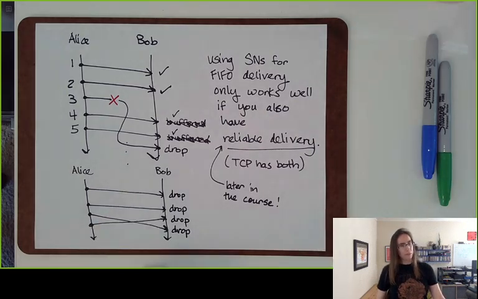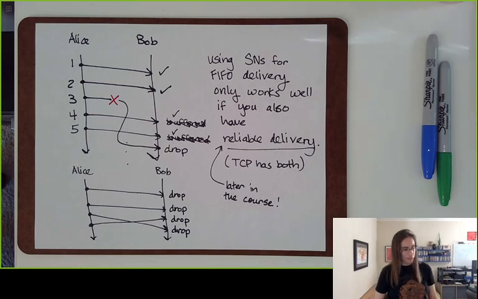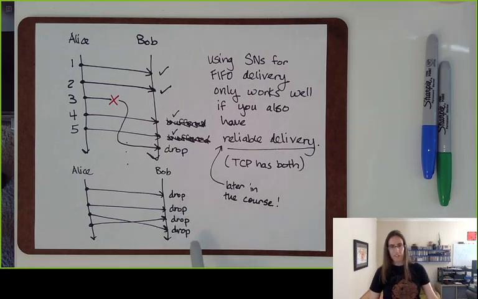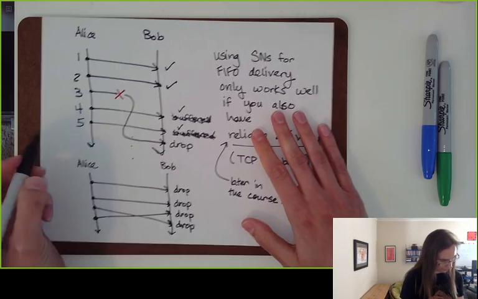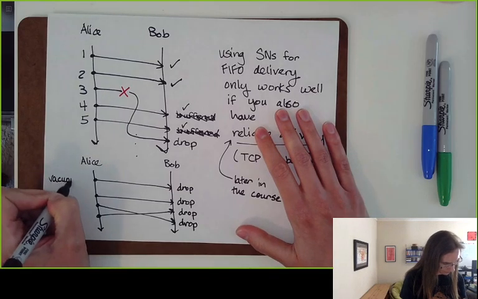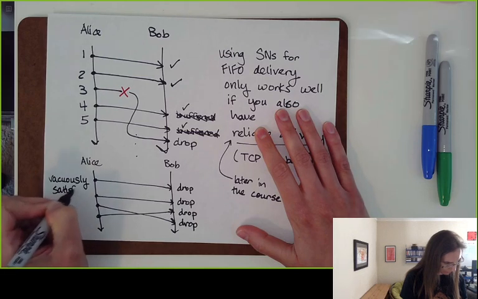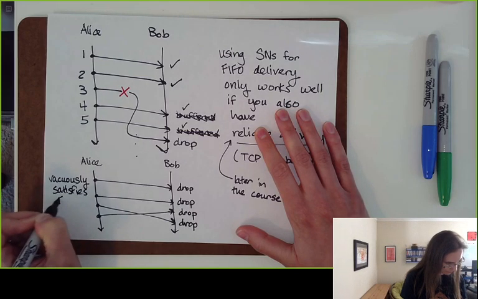Is FIFO delivery being violated in this picture? No. No messages are actually getting delivered over here. So this is another case of that vacuous truth that we talked about last time. So this execution vacuously satisfies the FIFO delivery property.